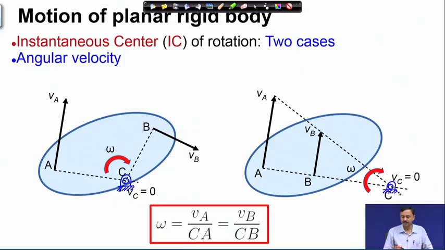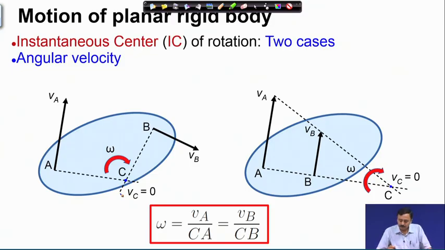You can assume that point C is hinged to the ground at this instant only. In other words, the velocity of point C is the same as the velocity of the ground. I can also interpret this as the velocity of point C being the same as the velocity of the coincident point of the ground.